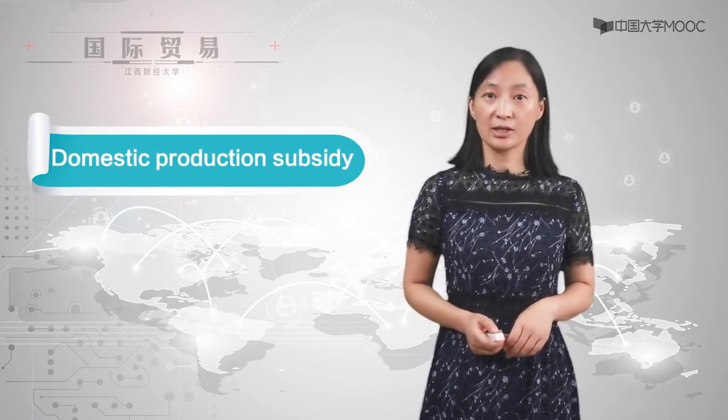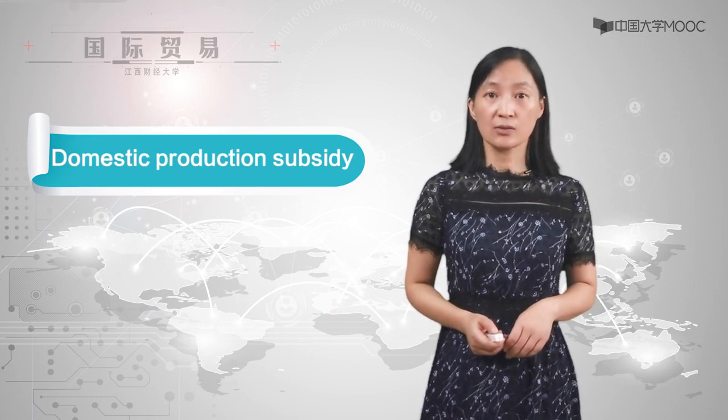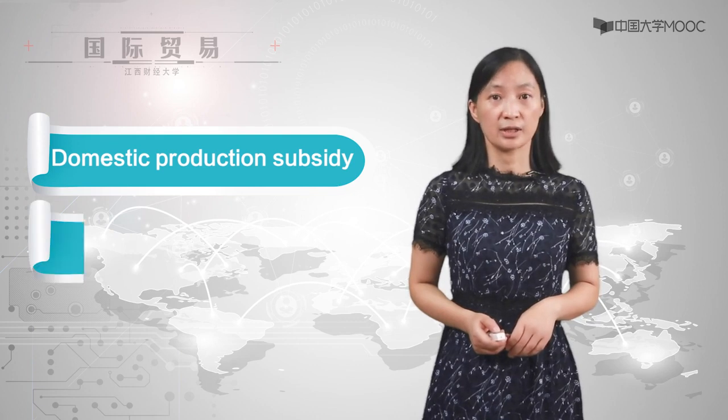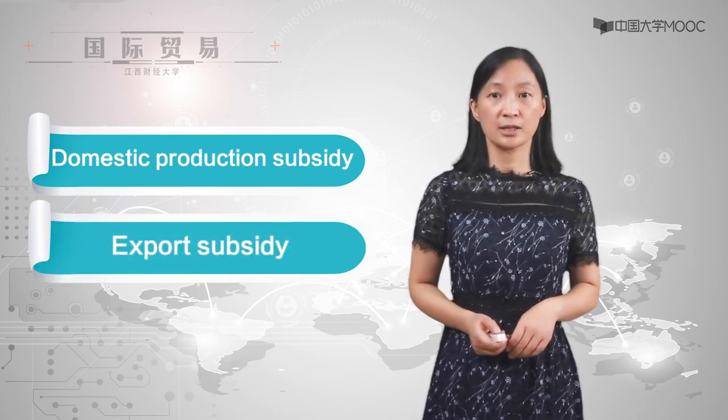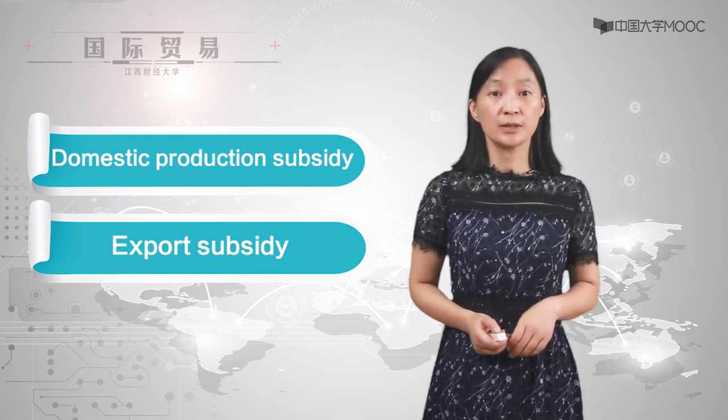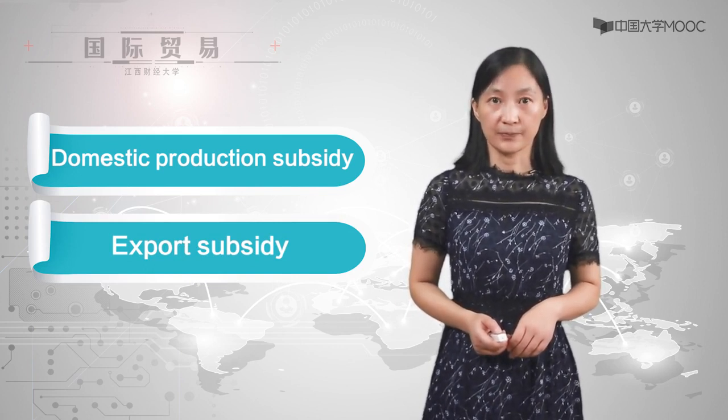Two types of subsidies can be distinguished: a domestic production subsidy that is granted to producers of import-competing goods, and an export subsidy which goes to producers of goods that are to be sold overseas.